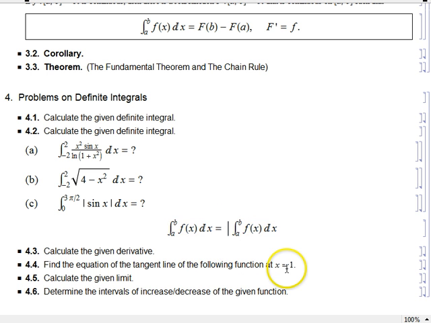Absolute value, kind of like this. The integral of an absolute value is the same as the absolute value of the integral. Actually, this is wrong. This is not right. In order to make it right, you have to change this equality into an inequality.